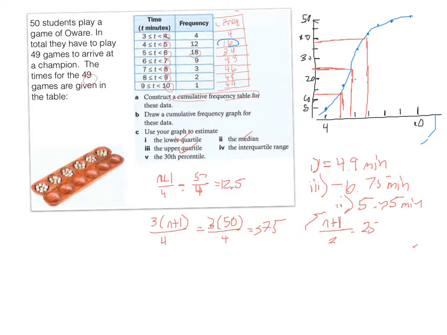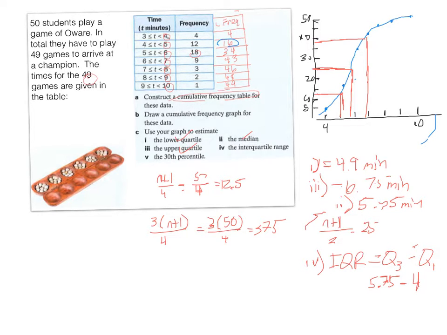Now the interquartile range, remember, is just the third quartile minus the first one. So to get the answer to part IV, which is the interquartile range, I'm going to take Q3, or the upper quartile, minus Q1, or the lower quartile. So that would be 5.75 minus Q1, which was about 4.9.